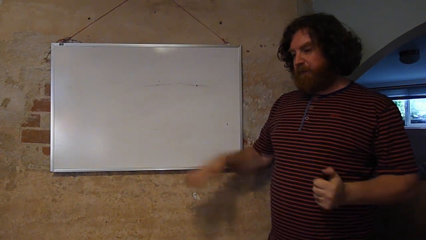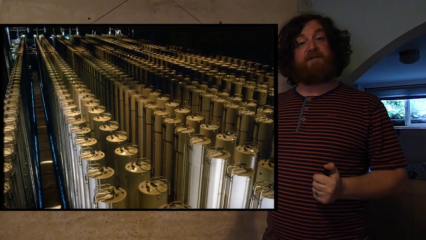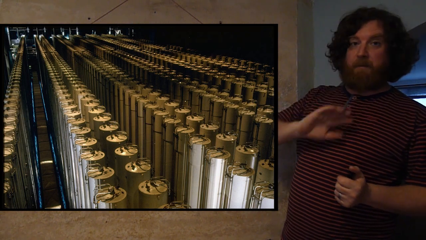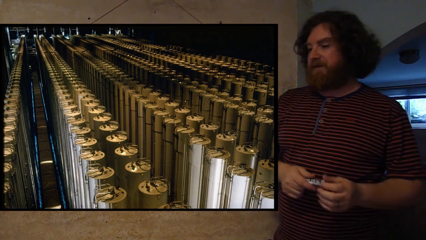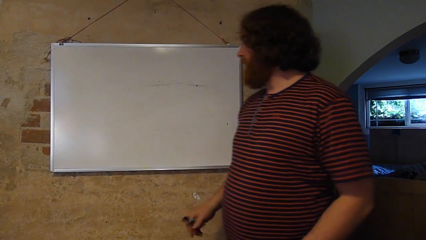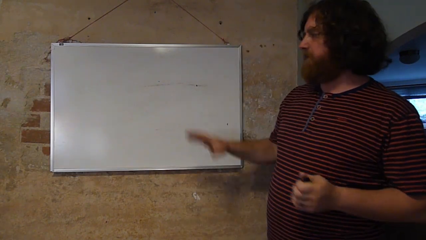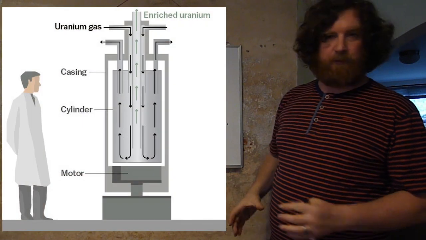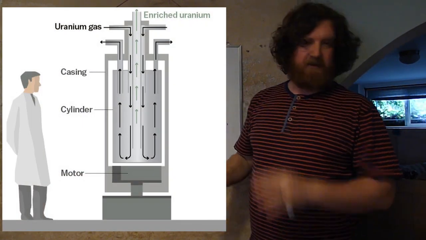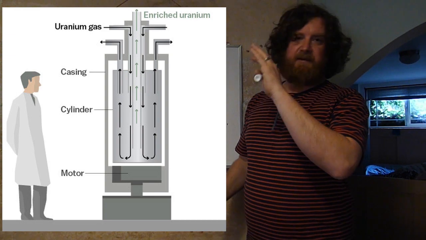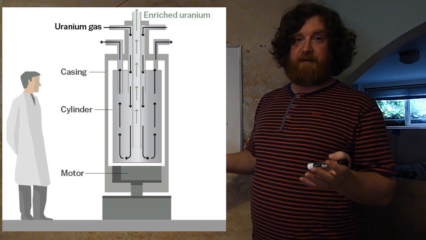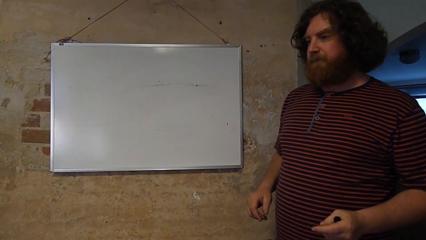So in places where we have these uranium enrichment facilities, there are banks and banks and banks of these gas centrifuges. I know we talked about the concept. You can see here, after we've seen these walls of them, this is essentially a diagram of how one of these things works. They're generally vertical, and it's got a casing and all of those sorts of things. But it works exactly like what we're talking about.